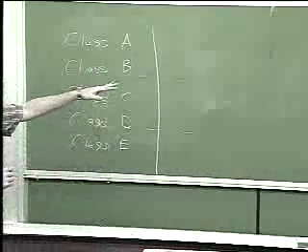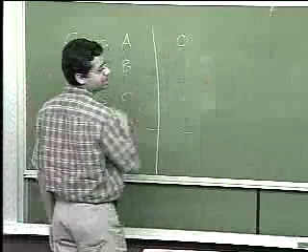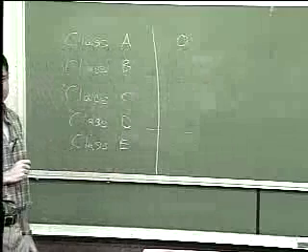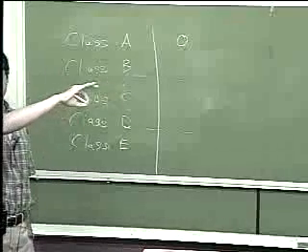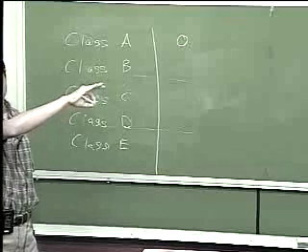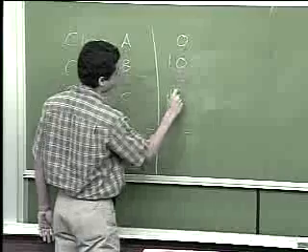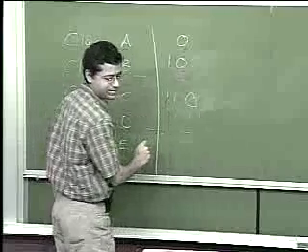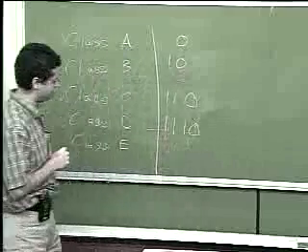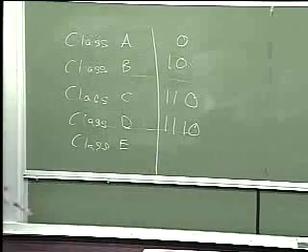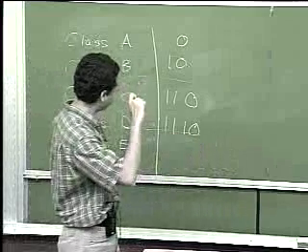prefix of the address. So if the address started with a 0, it was a class A address. Any address where the 32-bit sequence starts with a 0 would be a class A address. 10 would be class B, 110 class C, and 1110 is class D. Class E is reserved.